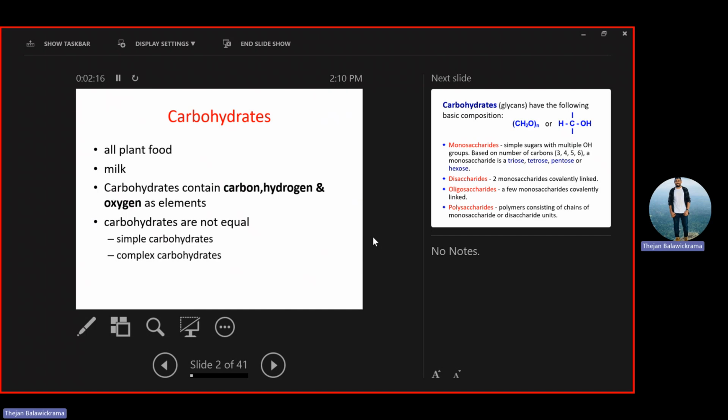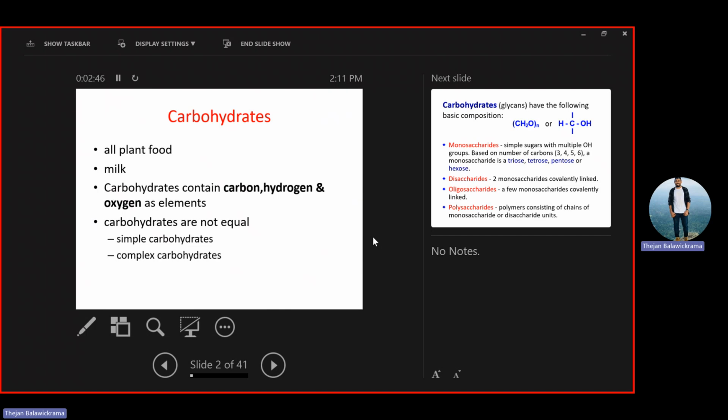It's plant food, not animals. That is the protein side, which we are talking about completely after this. Then plant food, milk. Milk actually contains not only carbohydrates, we have other substances as well, but carbohydrates in person.